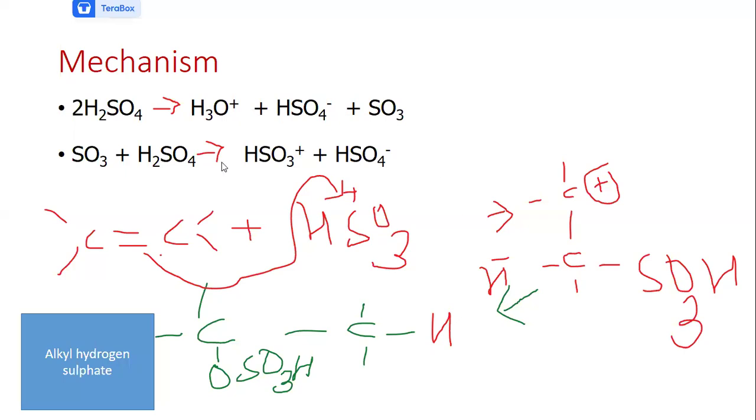From the sulfuric acid, it produces HSO3 positive. This is the positive charge, and it attacks this double bond, giving a positive charge on this carbon, which is neutralized by the hydrogen sulfate and produces the alkyl hydrogen sulfate.